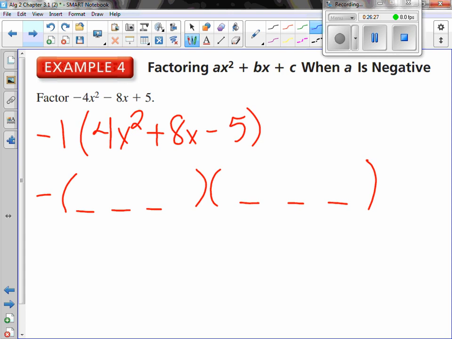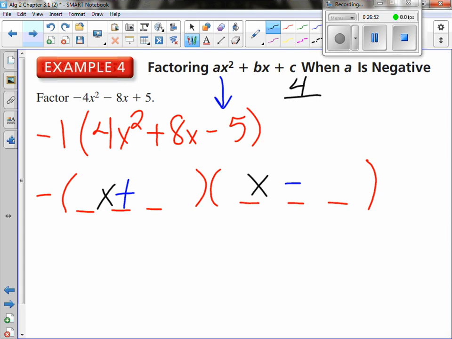Now, the next thing we look at is, so that's steps 1 and 2. So step 3 is the sign. The sign of the constant term is negative, so the signs are opposite. Positive and a negative. Factors of 4x squared, well, we know the factors of x squared are x and x.